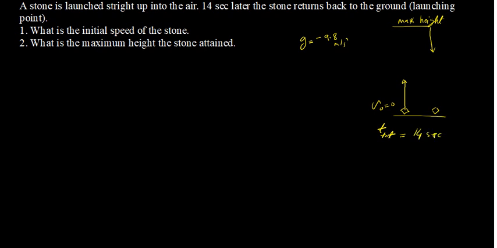And I did mention in one of my previous examples that the time needed from the ground to the maximum height is half of the total time in air, which means the time to get to the maximum height will be 7 seconds.